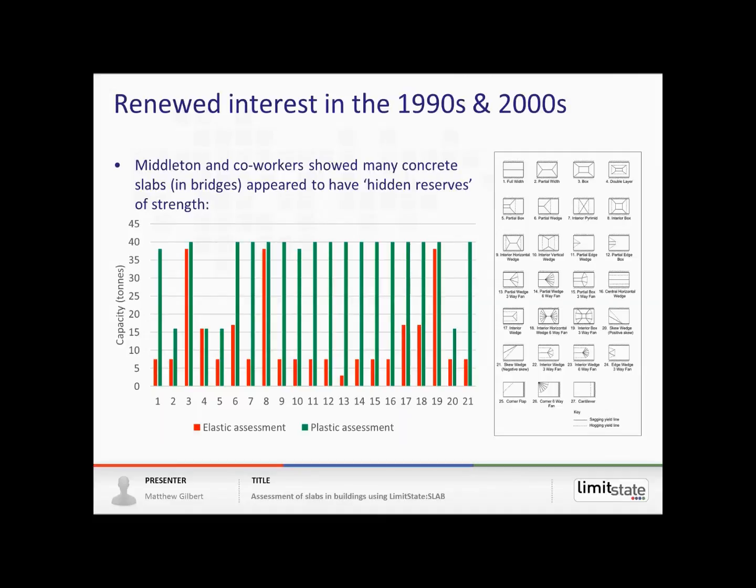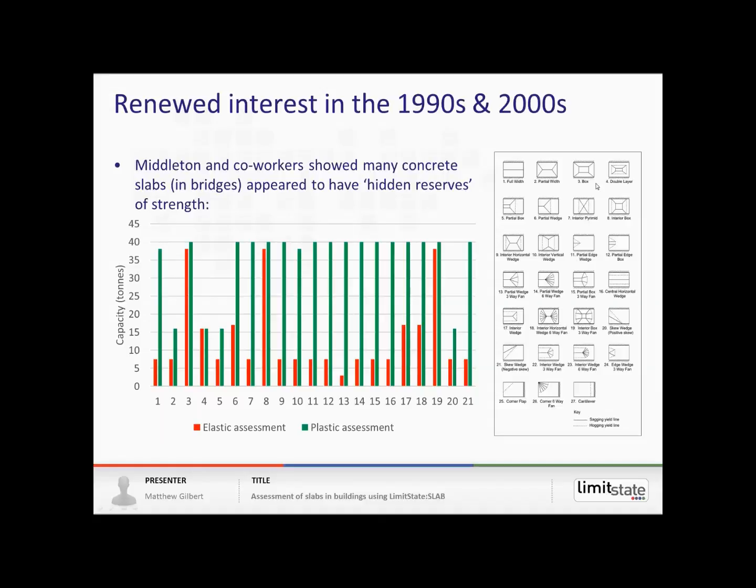When plastic methods were used, using an automated yield line analysis tool, it was shown that the vast majority of those bridges did actually have the requisite capacity. So the key thing there is if you can demonstrate that a given structure has the capacity using the yield line method, then that can obviate the need for very expensive strengthening works.